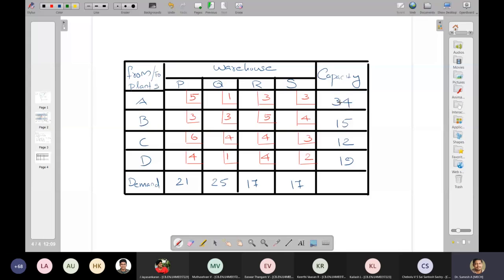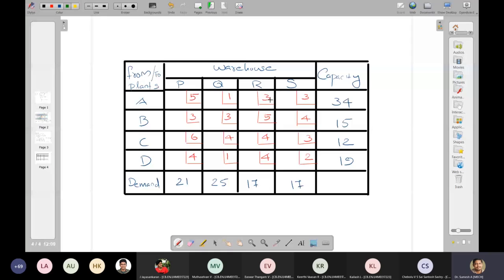The capacity of plant A is 34, B is 15, C is 12 and D is 19. Transporting one unit from plant A to P will cost 5 rupees, A to Q costs 1 rupee, A to R costs 3 rupees, and A to S costs 3 rupees. Likewise, the cost matrix is given.